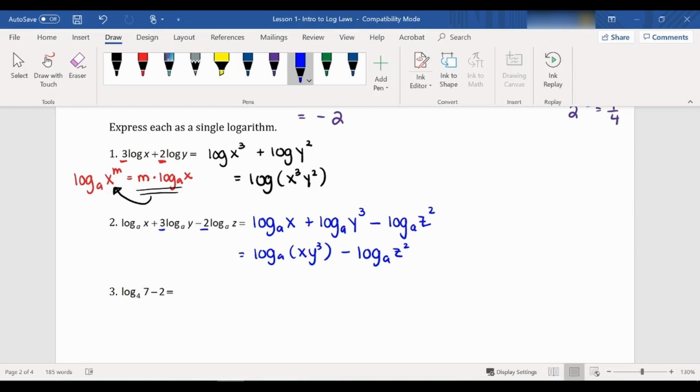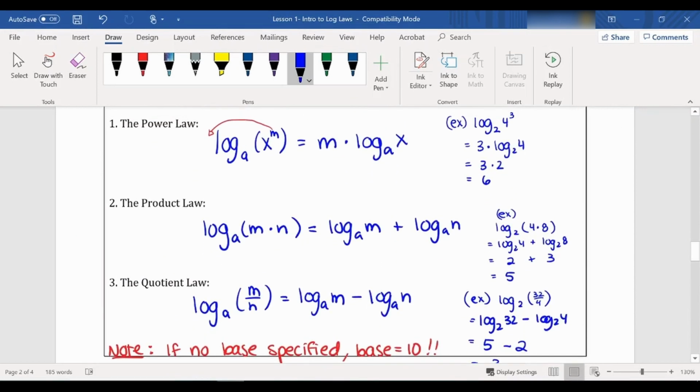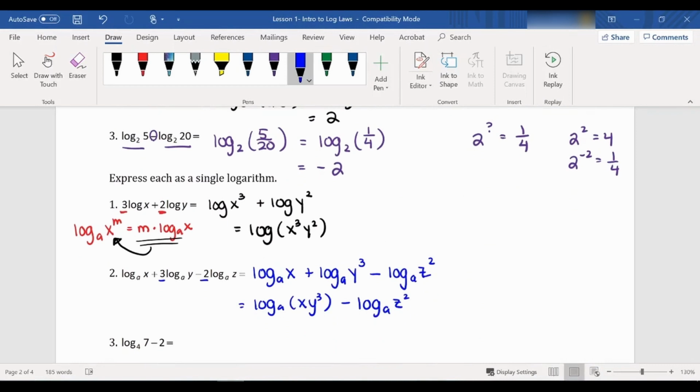Now last, I can actually use my quotient law. So because my m term, if I look at my box from above, this guy here, my m, is this entire term x y cubed. So I'm going to rewrite this as log base a of x y cubed over z squared.